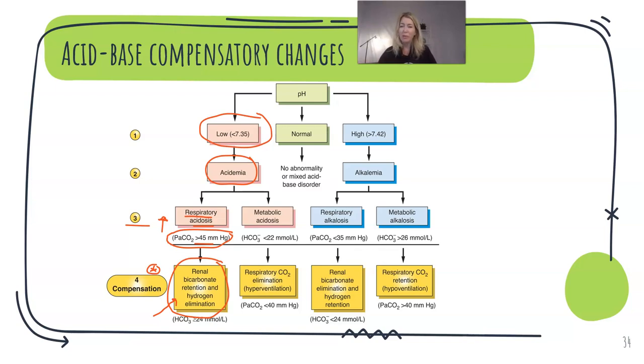So it's going to try to keep bicarb to balance out, because that's alkalotic, and get rid of that H plus because it's acidotic. So you're going to see your bicarb is going to be high, because it's like, uh-oh, we've got a lot of acid here. We need to buffer this out, so we're going to keep this bicarbonate. Okay, so that's the respiratory acidosis.